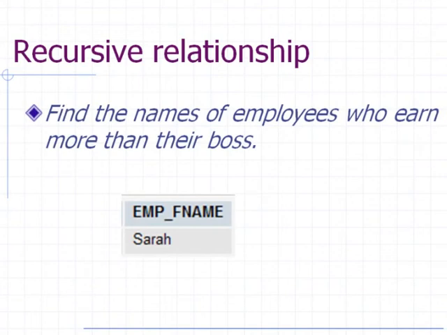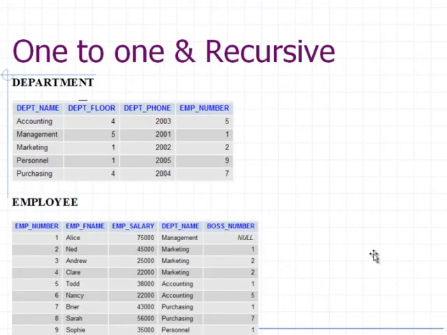Before we finish this topic, let's run one more practice using a recursive relationship. Here, I want to find the names of employees who earn more than their boss. How can we do that? If we go back to the original table, before we develop the SQL statement, for each employee I have a boss, right?